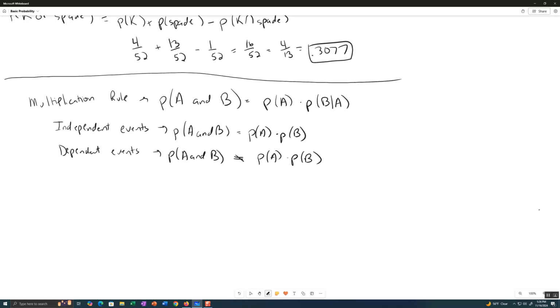Because here, if I take A first, then the second trial is influenced by what happened with A, what happened in the first trial. So independent events are generally with replacement. So when you have with replacement, you have independent events. Dependent events are without replacement, where the probability changes.